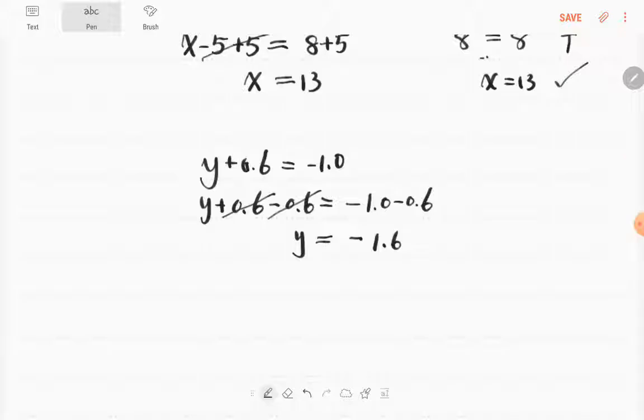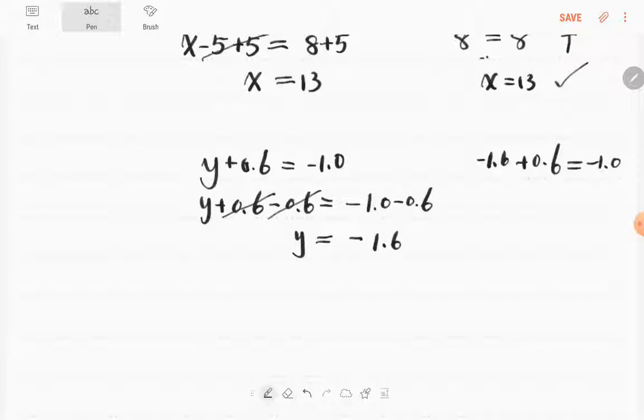Okay, after that, you can check if you do it correctly or not. So we can test. This time we use negative 1.6 to replace y. Plus 0.6 equals negative 1.0. Then we check left side first.